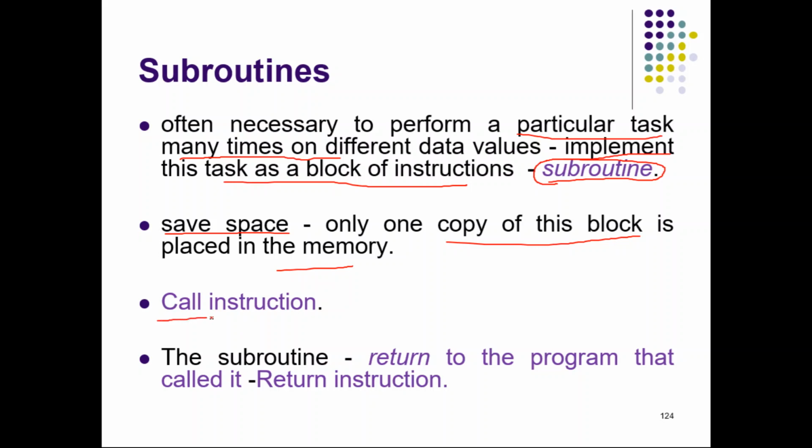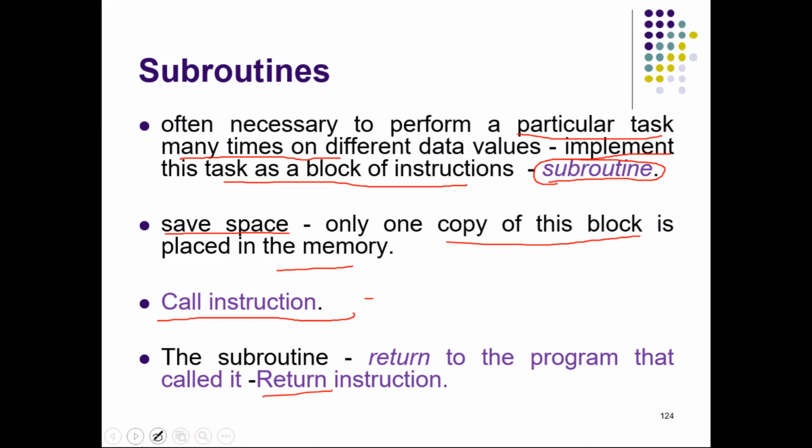There will be a call instruction which is used to call the subroutine. Whenever the call instruction is executed, the control will move from the current program which is getting executed to this particular subroutine. And after executing the subroutine, the control should return to the calling program, and that will happen through the return instruction.